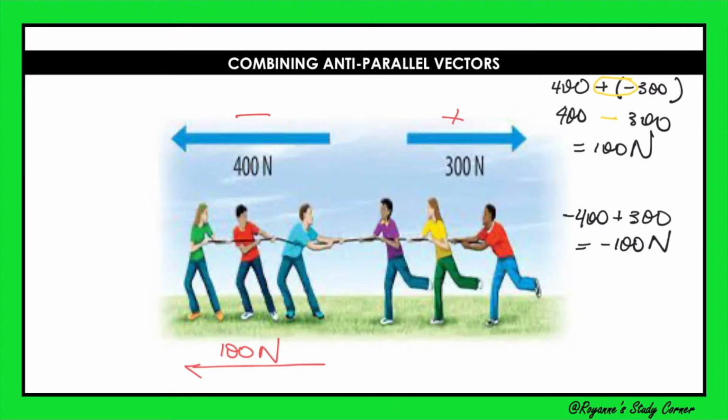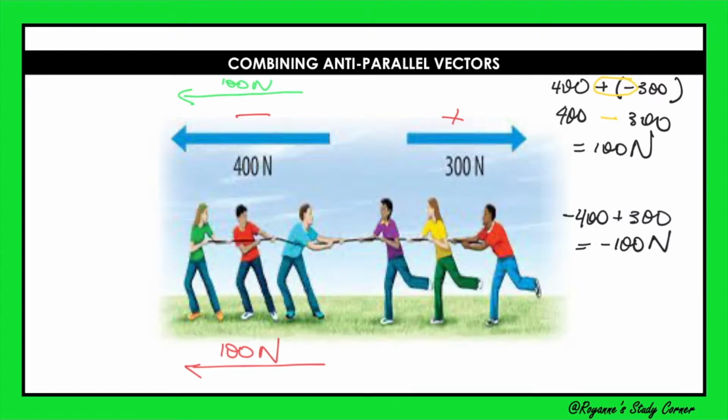But remember, this isn't actually negative in the traditional sense. This means that the direction of the resultant force will be the same as the one that we chose to be negative. And since we chose this one to be negative, it means we'll be moving off with a force of 100 newtons in that direction.